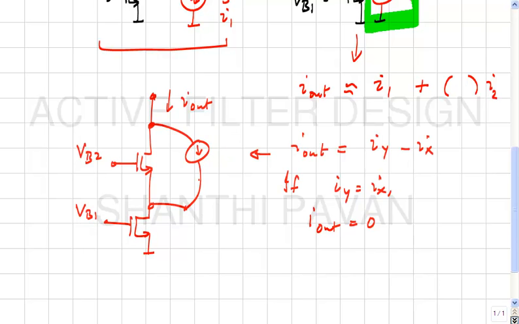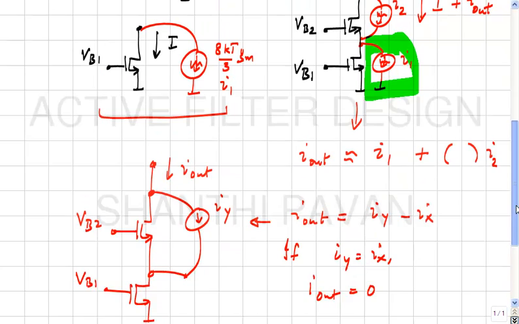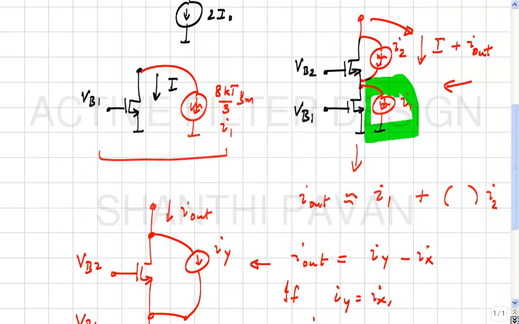So in other words, if I had Iy like this, what would be I out? It would simply be 0. Does that make sense? So the transfer function from I2 to I out is simply 0. In other words, I out is nothing but I1 times approximately 1 plus 0 times I2.